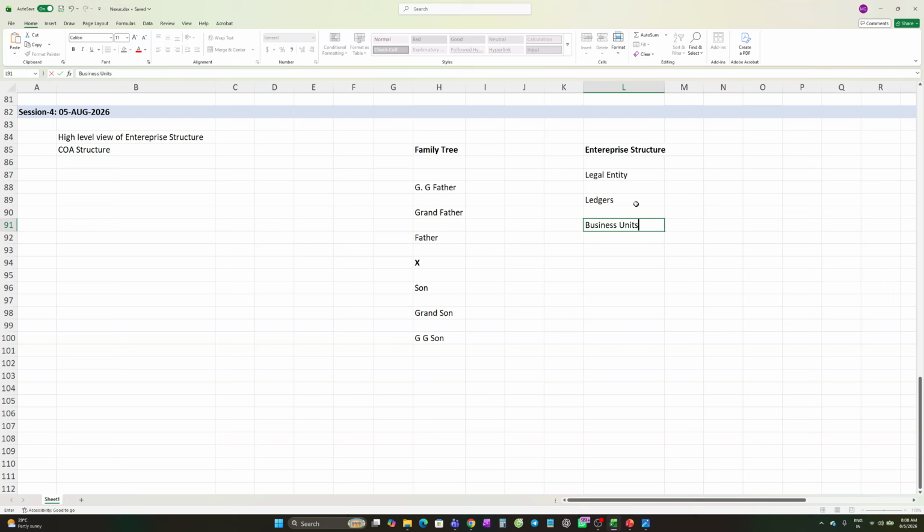In short we can call it PL. The legal entity we can call LE.